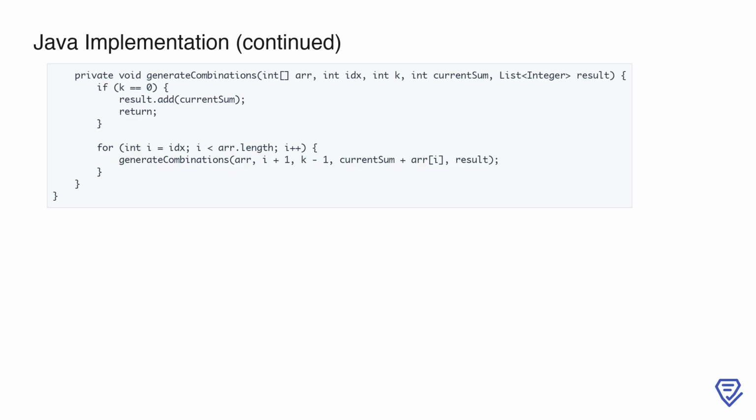Otherwise, we iterate through the remaining elements of the array starting at the current index. For each element, we recursively call generateCombinations, moving to the next index, decreasing the required subset size by 1, and adding the current element to the cumulative sum. This ensures all combinations of size k are explored.